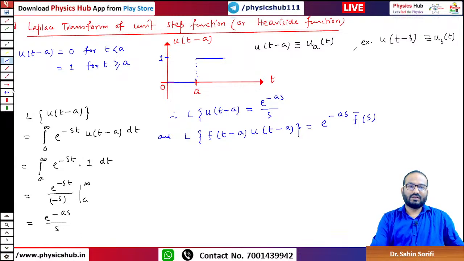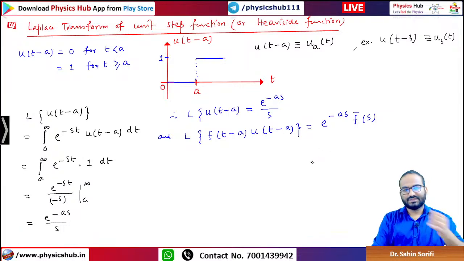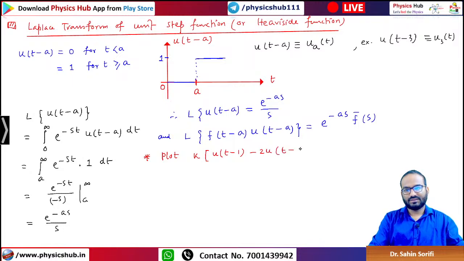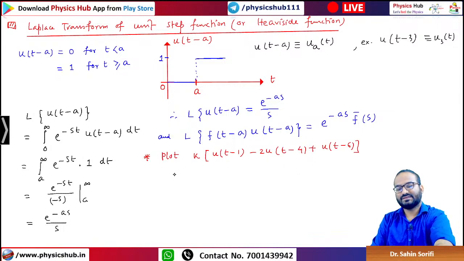Now to give you more idea on how this unit step function works, let's plot a very special graph. Let us try to plot k times u(t minus 1) minus 2u(t minus 4) plus u(t minus 6). This is a very simple thing, but you need to understand it carefully.